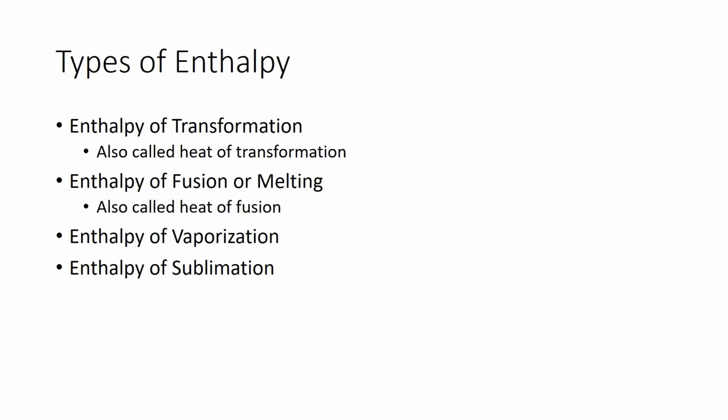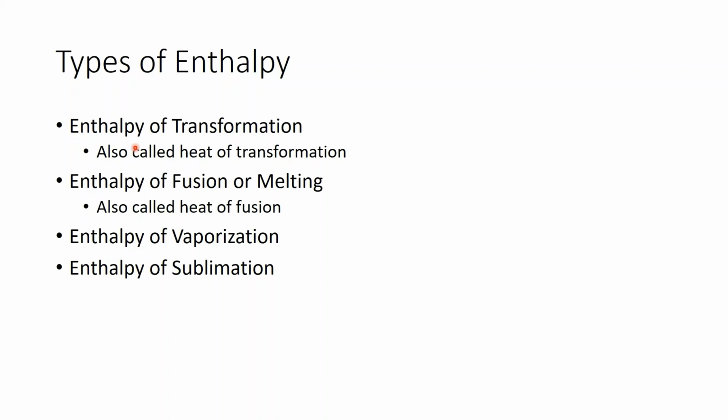There are types of enthalpies that we will talk about. There's enthalpy of transformation, also called heat of transformation. That could be a phase change, and phase changes can be crystallographic. If you remember titanium, you can go alpha to beta titanium, so you can go from hexagonal close-packed to FCC, face-centered cubic, to BCC, body-centered cubic.